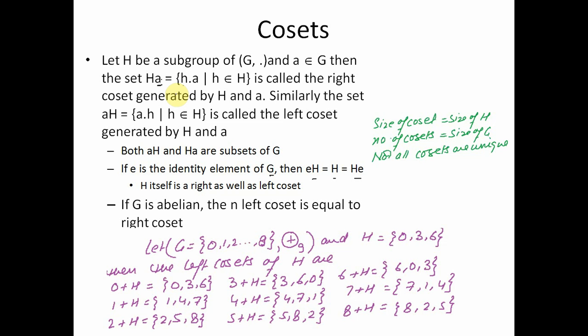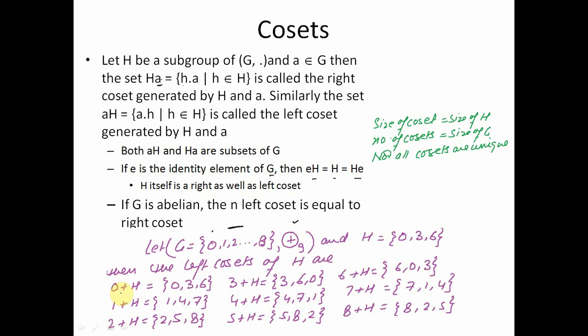And let us say the subset has been defined as 0, 3, 6. Now, as there are 9 elements in the group, a total of 9 cosets will be defined. Addition operation, I know by definition, is commutative, so I am only talking about the left cosets. The right cosets will be the same.